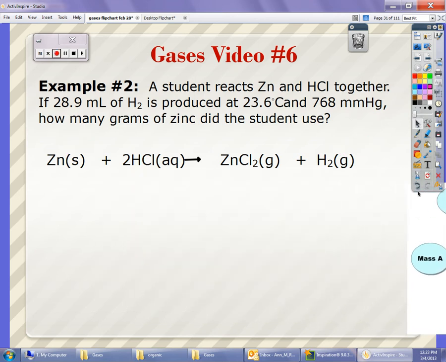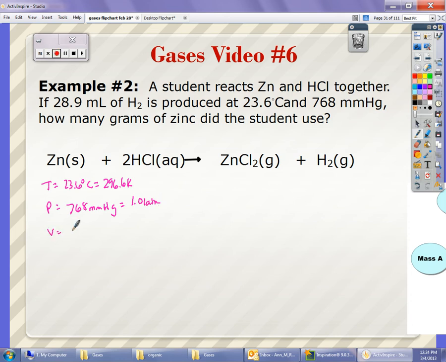So starting with PV=nRT. Temperature is 23.6 degrees Celsius, which after you add 273 to it is 296.6 Kelvin. My pressure is 768 millimeters of mercury, which when I divide by 760 is 1.01 atm.